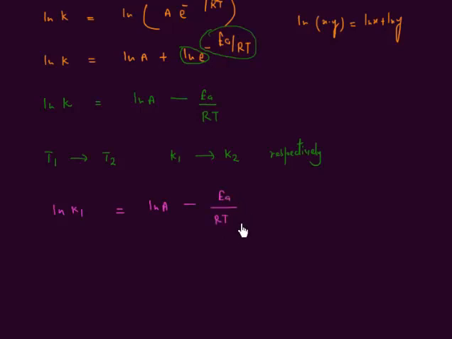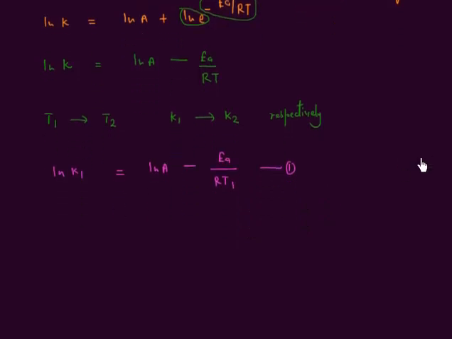We label this the first equation, and for the final temperature, the expression we get is ln k2 = ln A minus Ea/RT2, and we label this the second equation.